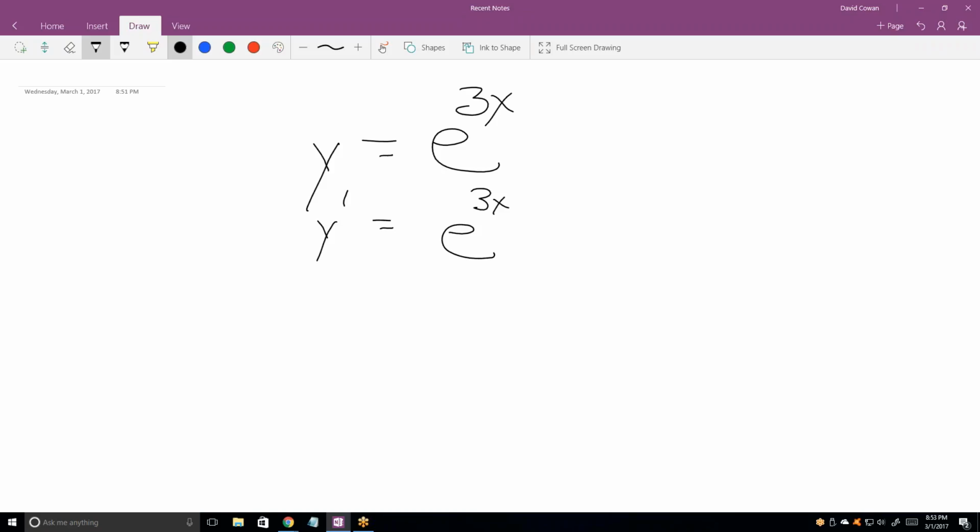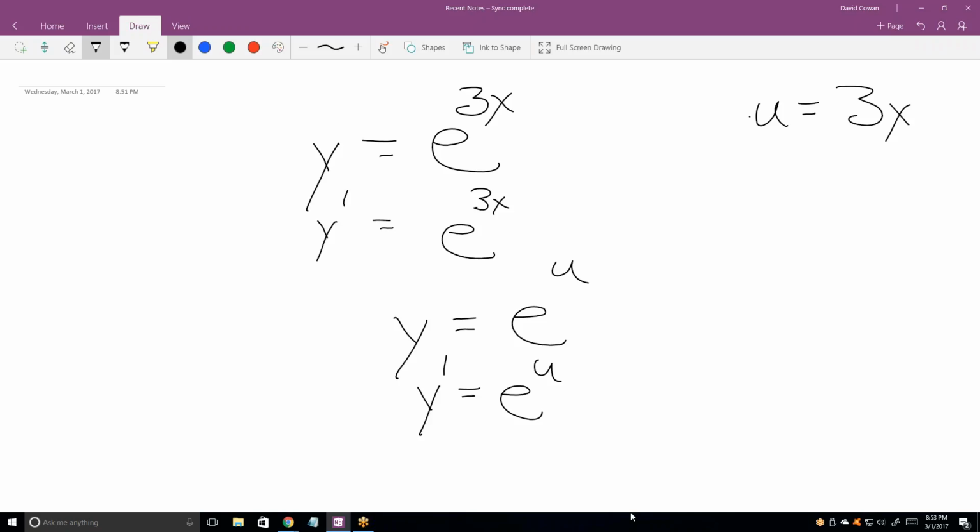If I use this u substitution and I let u be 3x, then really what I'm looking at is y equals e to the u. And I know how to take the derivative of e to the u. y prime is e to the u times u prime.